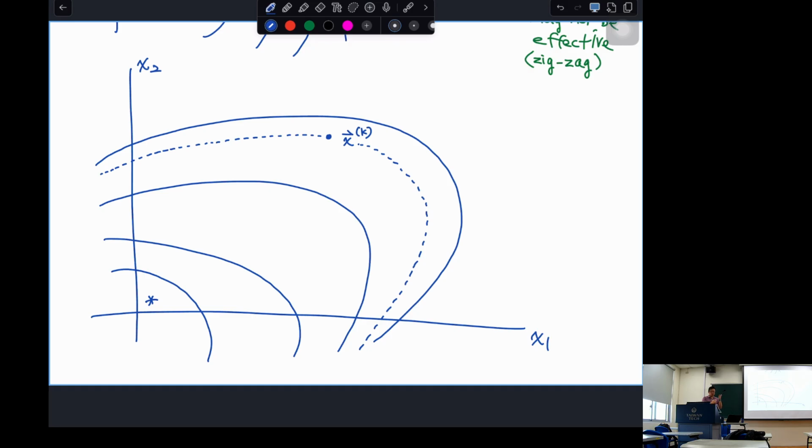So the gradient direction is going to be perpendicular. So this is the perpendicular direction. Going up is the direction for function value increasing. So this is gradient direction. And the other side is negative gradient, right? Because going down, function value drops.